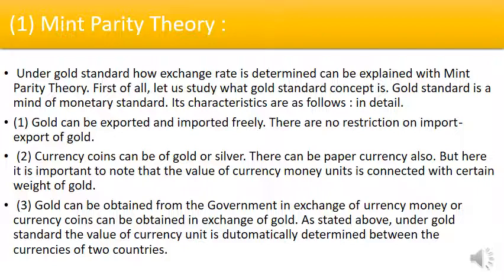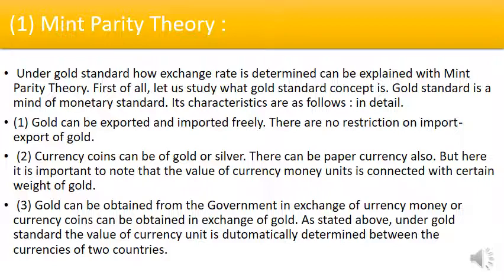The third characteristic is that gold can be obtained from the government in exchange for currency. Money in currency coins can be obtained in exchange for gold. Here we take one example. In the last video lecture we studied the IMF, the International Monetary Fund.